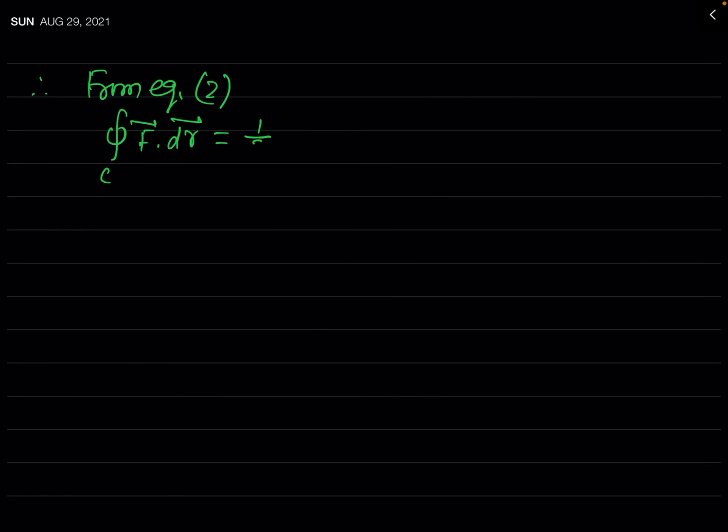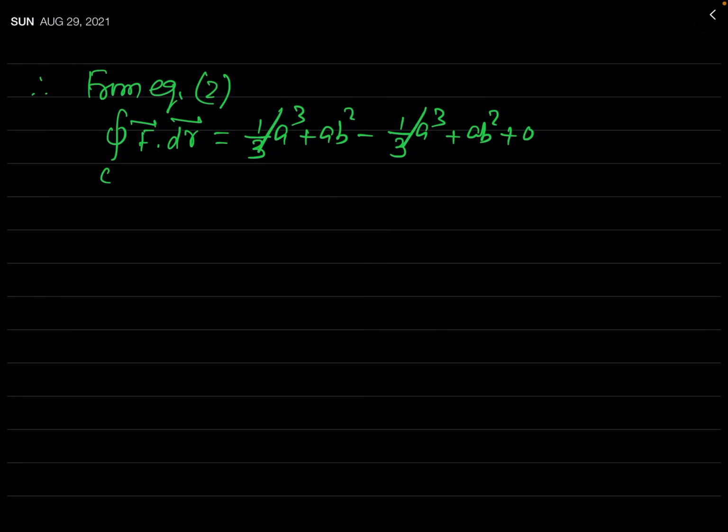This will be 1 by 3 a cube plus ab square minus 1 by 3 a cube plus ab square plus 0.